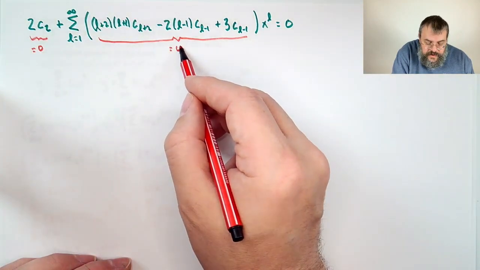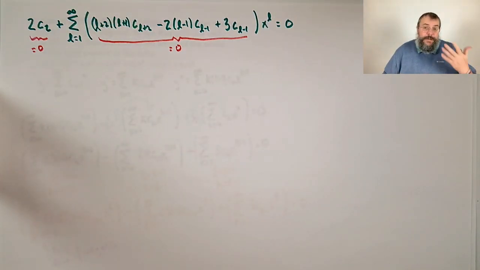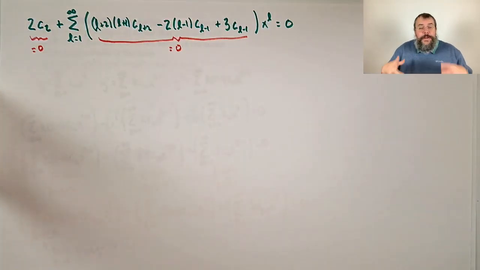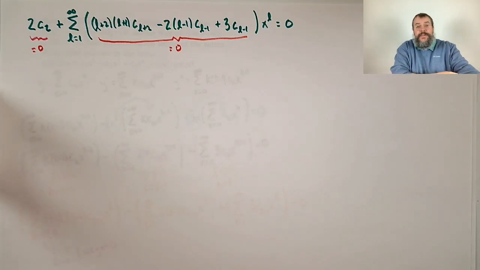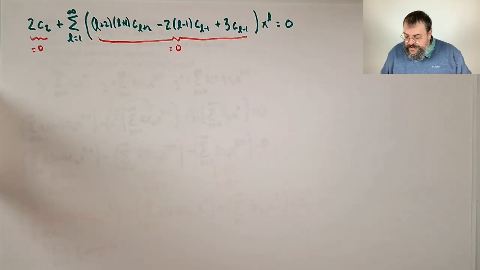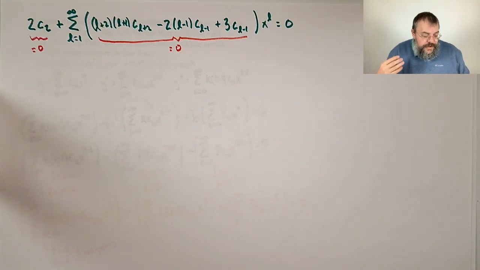So, we've got good news. We now know, for example, C2 equals 0. That's good. We had to find it. And then this part is really the key. And it's telling us how the coefficients will relate to one another in terms of the series solutions. In other words, this is that fabled, or if you like, that storied recurrence relationship that we're after.